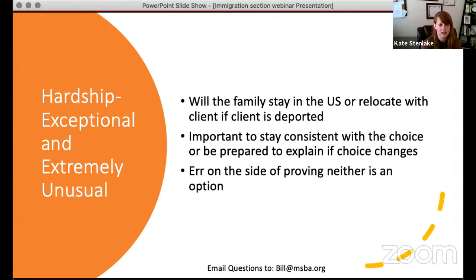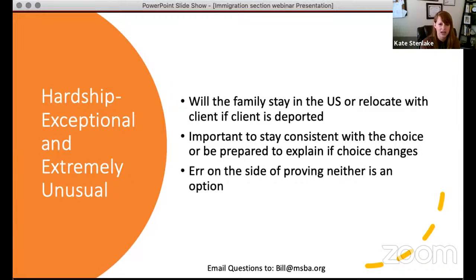I have heard cases where the judge has dinged the client for credibility if they've changed their answer. So just be prepared. If you put on the application that they will relocate, they have to stick with that throughout the entirety of the case, or be prepared if circumstances change in the case to make them change their mind.